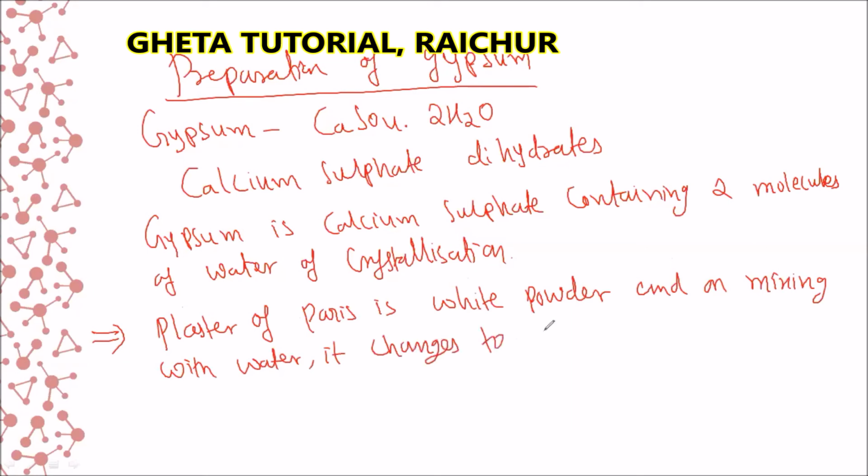The plaster of Paris, a white powder, on mixing with water changes to gypsum, which is a hard solid mass. So when we add water to plaster of Paris, we get gypsum.